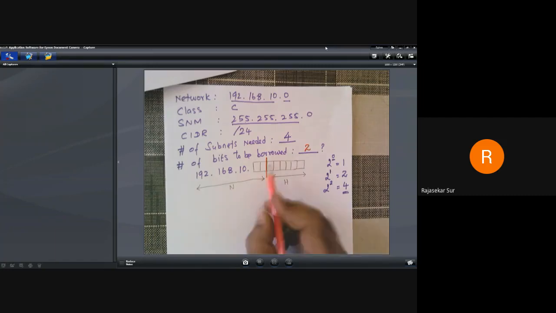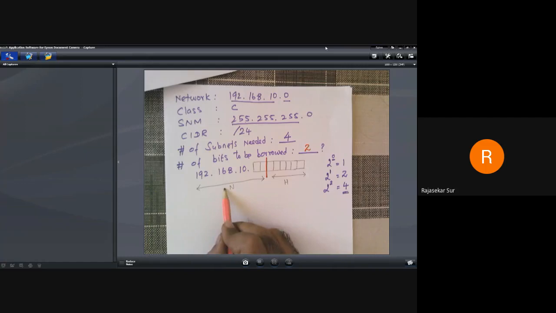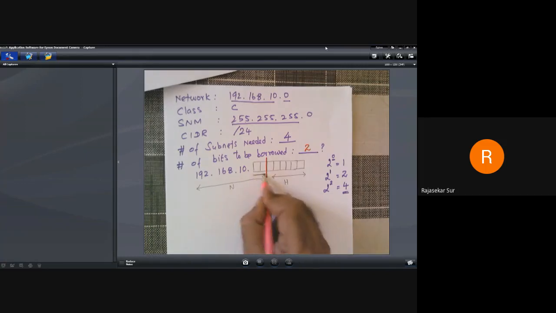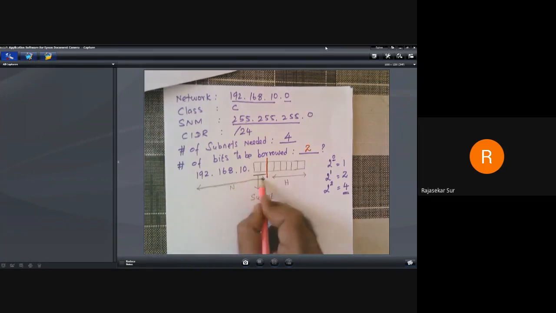So 2 bits we borrowed from the host part to the network part. These 2 bits are called the subnet part. The whole thing is called the network, and then the remaining part is the host.